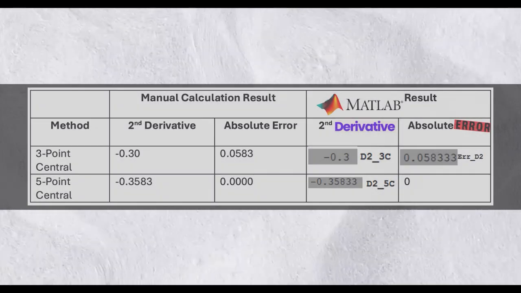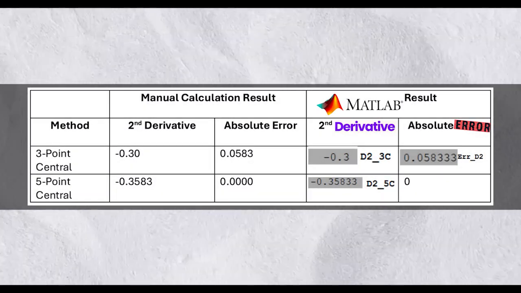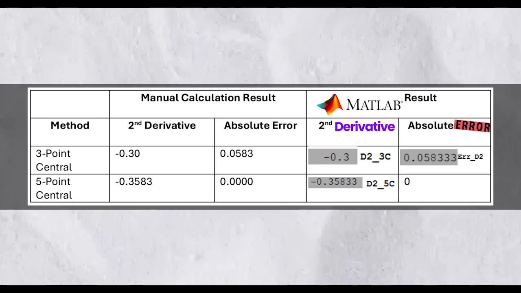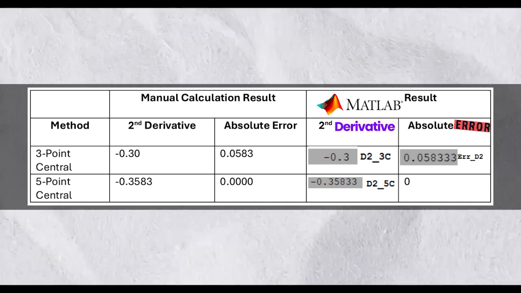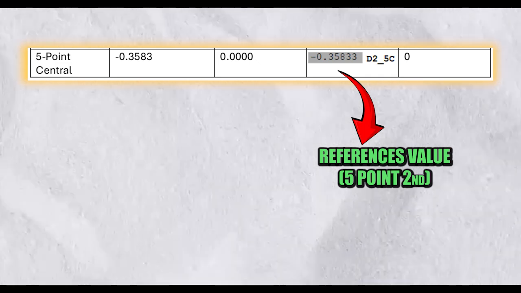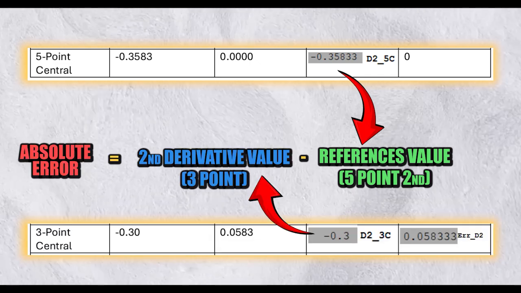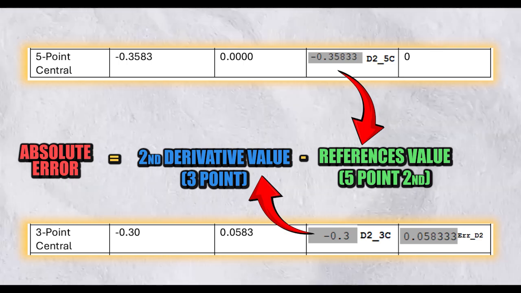For the second derivative comparison, both manual and MATLAB methods again produce matching results, confirming the consistency of the calculation. The 5-point central method serves as the reference method due to its ability to more accurately capture curvature or acceleration within the data trend.